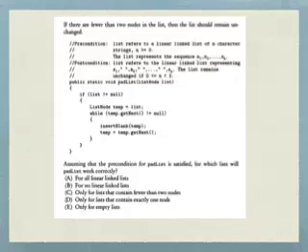If there are fewer than 2 nodes in the list, then the list should remain unchanged. Right. Okay, let's check. It gives the following implementation. And if you read these lines of code carefully, we know it is public static void padList with the input parameter list, a ListNode list.